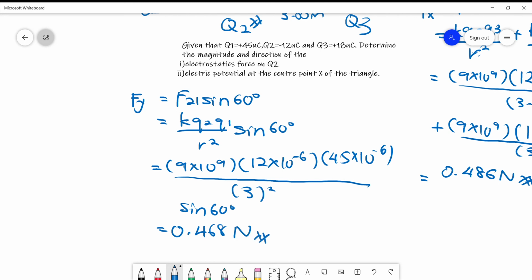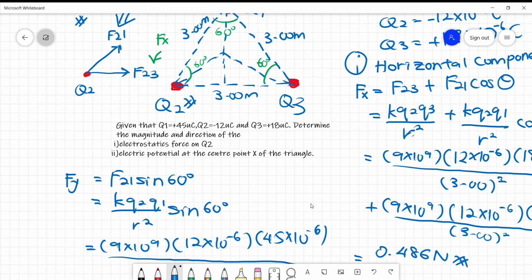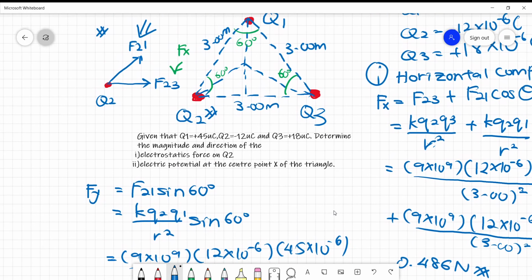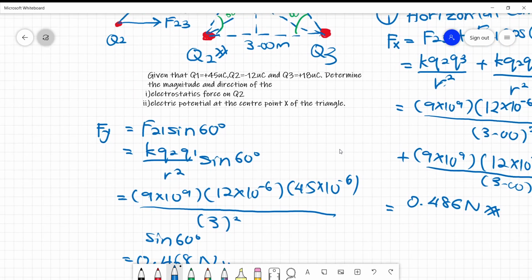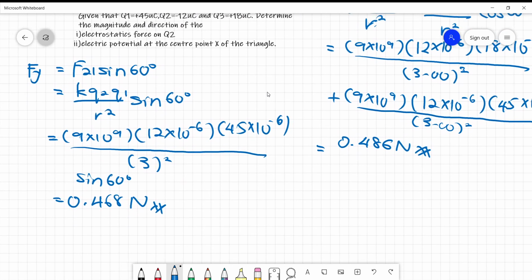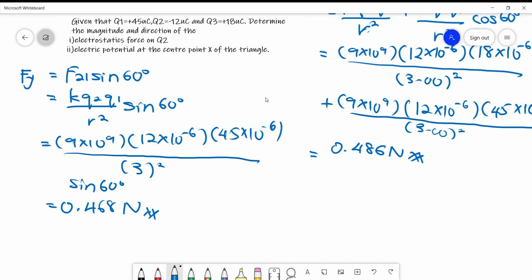Okay, so we have both horizontal force and vertical force. So what we need to do is find out the magnitude of the resultant force. So the magnitude of the resultant force, which is F2, is actually equals to the square root of fx square plus fy square.